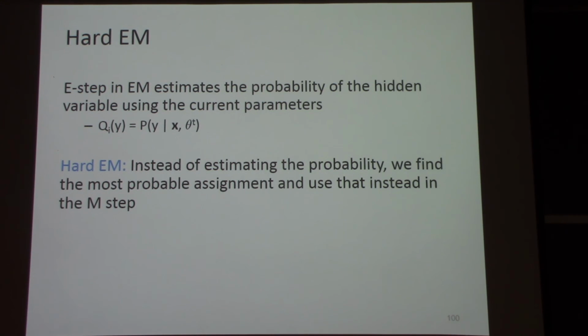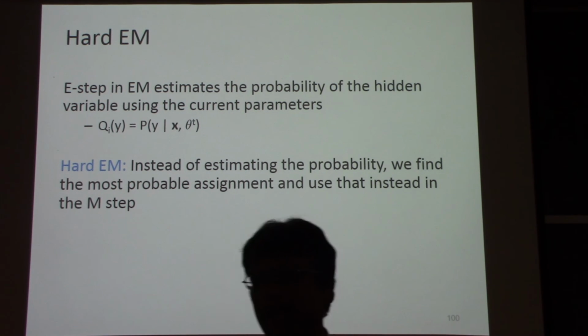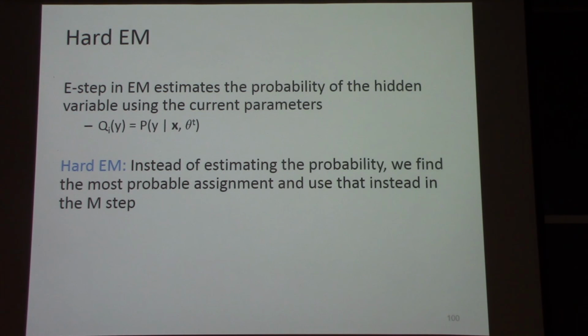In EM, at every step, and even this I'm going to just rush through because I want to give you an intuition of k-means and not necessarily the actual details, the E step in EM estimates the probability that a certain example takes a certain label. There's a very popular variant of EM called hard EM.